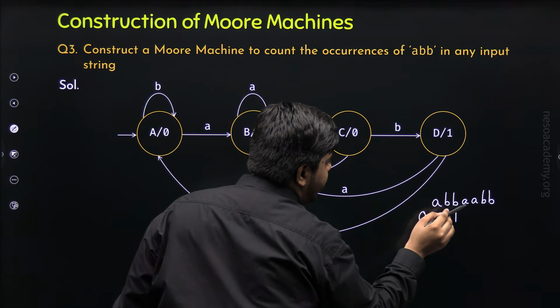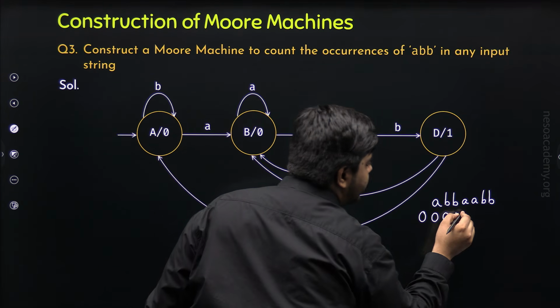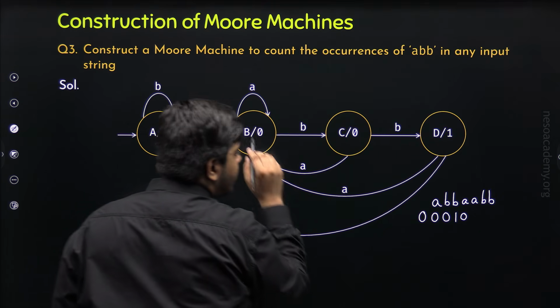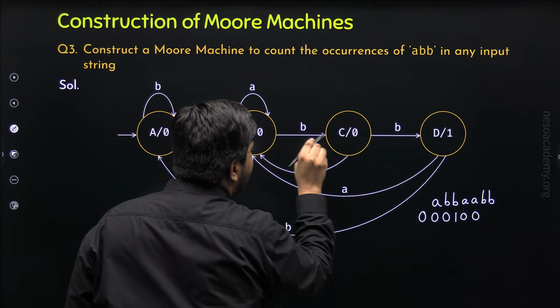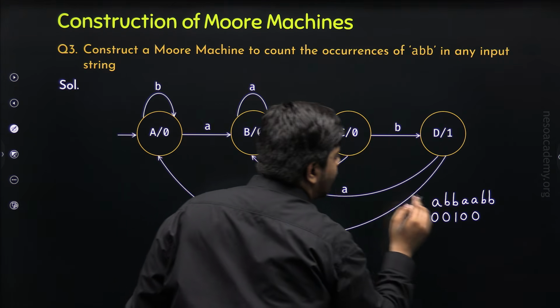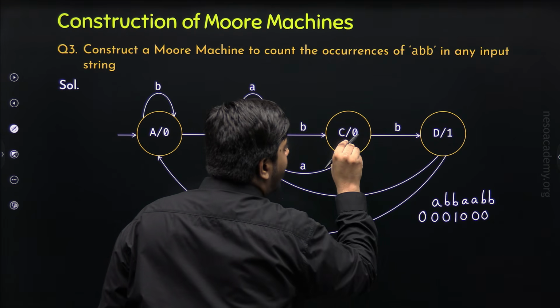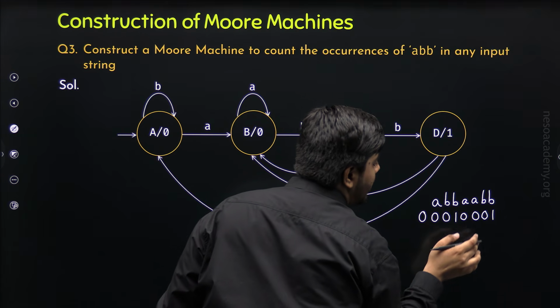Now the input symbol is A. So for A, we are getting the output 0. Again we have A. Again the output symbol is 0. Now we have B. Following this transition, we are getting the output symbol 0. And again we are getting B. On following this transition, we will get the output symbol 1.